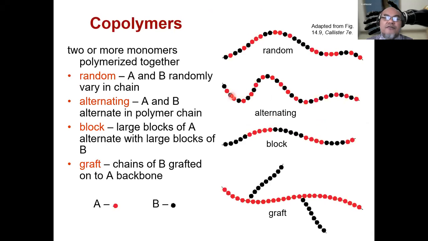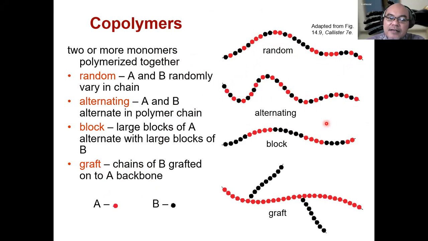We can also have copolymers. This is where two or more monomers are polymerized together. Like this, the black represents B, the red represents A. It could have random copolymerization, where A and B vary randomly within the chain.